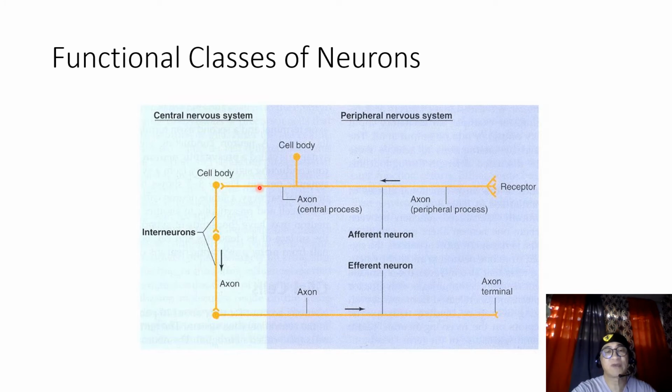Only a short part of their axon lies in the central nervous system. And there, they terminate and make special contact with cell bodies of interneurons, which we call synapse. The afferent neurons are also known as sensory neurons because many of the sensory organs have afferent neurons that gather special information that they transmit to the central nervous system.